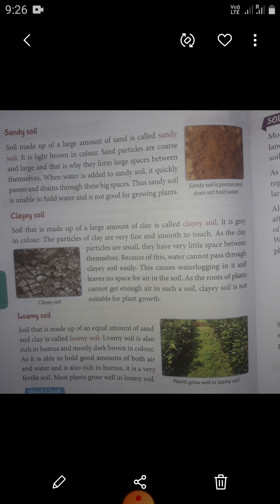It is a very fertile soil. Most plants grow well in loamy soil. Loamy soil is the mixture of clay, sand, and silt soil, which consists of additional organic matter and is very fertile compared to other types of soil.